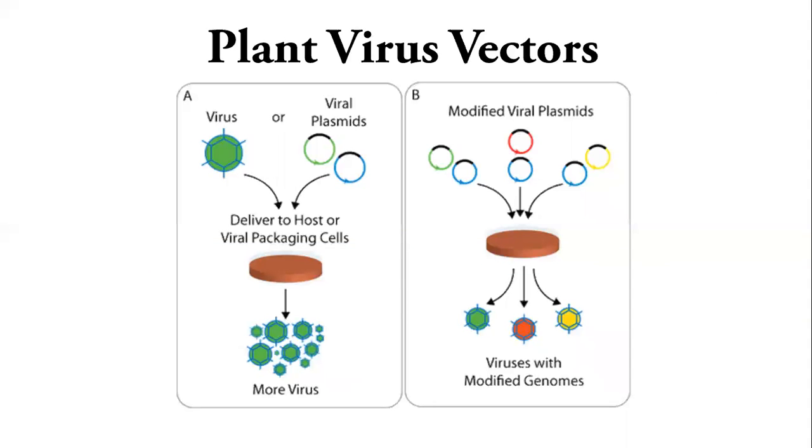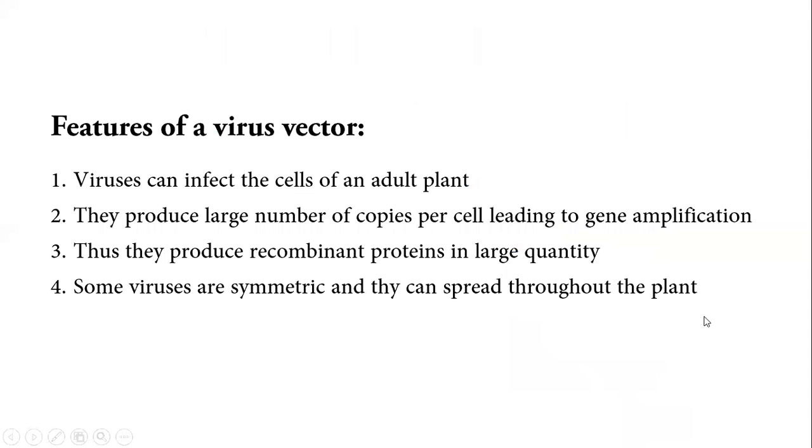Basically, virus vectors are used to transfer the foreign gene into the plant genome. But there are some features of the virus vector that should be kept in mind. The virus can infect the cells of an adult plant. We know that they can infect an adult plant systemically, and thus spread throughout the plant.